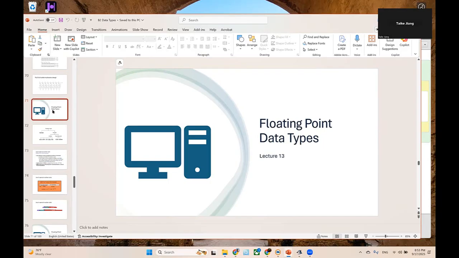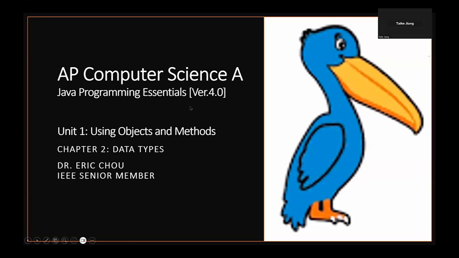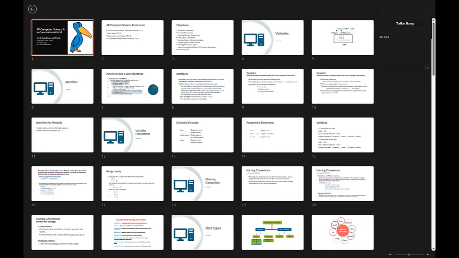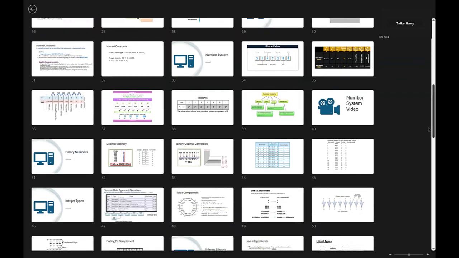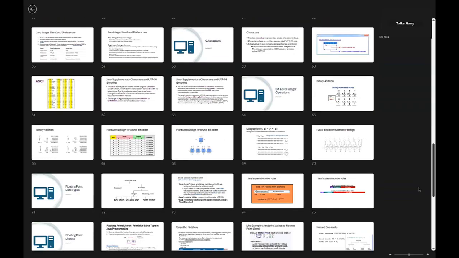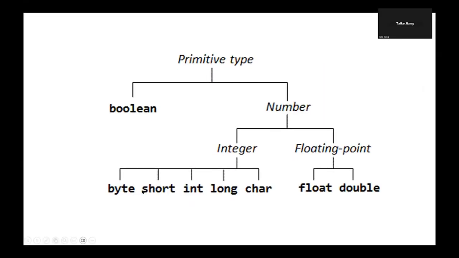Now this one is the real numbers. If you have rational numbers, then it's stored in floating point format. It's different from the integer. So you do have two types of variable. One is double, one is float.